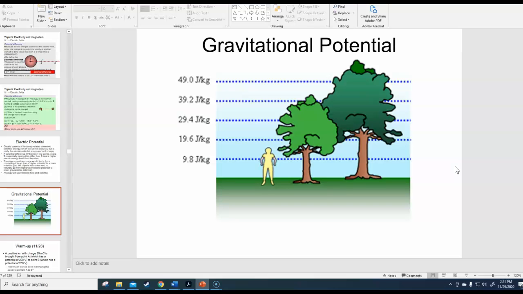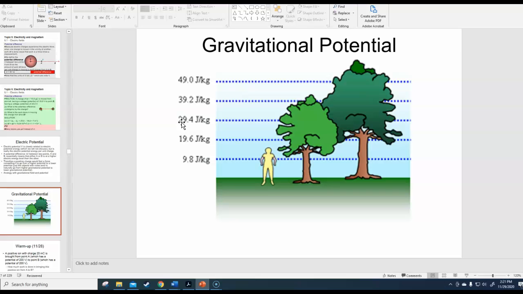If you want to think of it as analogous between electric force and electric field, in order for there to be an electric force, you have to have two charges. An electric field can exist in space whether or not there's actually a charge at that point. In the same way, it's similar between potential energy and potential.